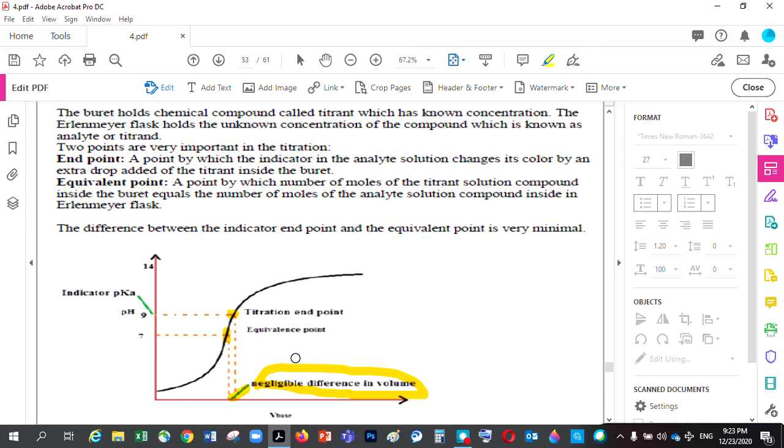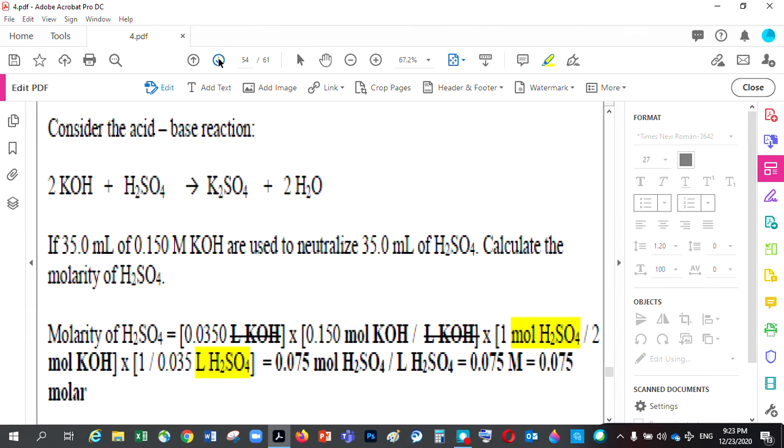So the indicator gives us different colors in different media. So this is titration, and this is one example of how we do titration. We put KOH in the burette, we put sulfuric acid inside the Erlenmeyer flask, we add a couple drops of phenolphthalein and titrate, and those are the products.